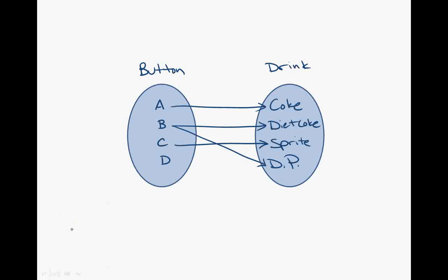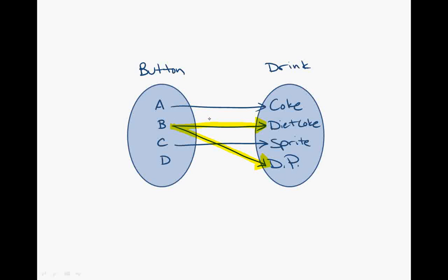You should, because if you press button B, you will either get a Diet Coke or a Dr. Pepper. This is exactly what a non-function is, because the input B has two different outputs. You don't know exactly what you're going to get, so this is a non-function.